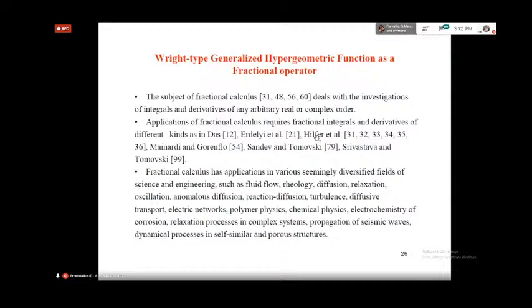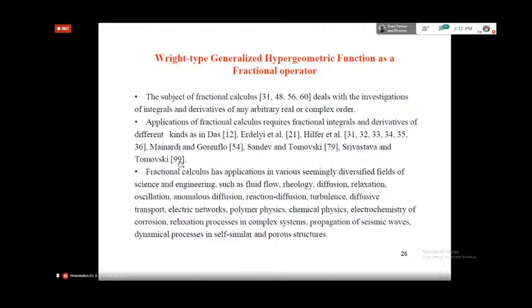They were very great, wonderful mathematicians. There is also a paper by Tomowski, published in a chemistry journal, a wonderful paper.